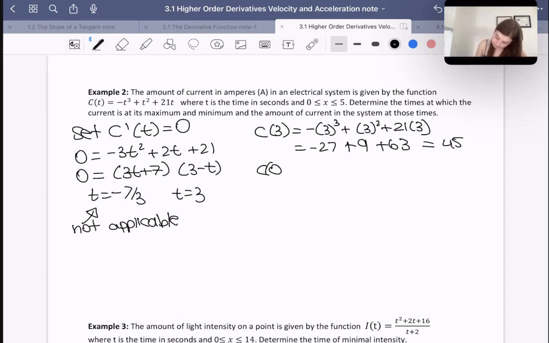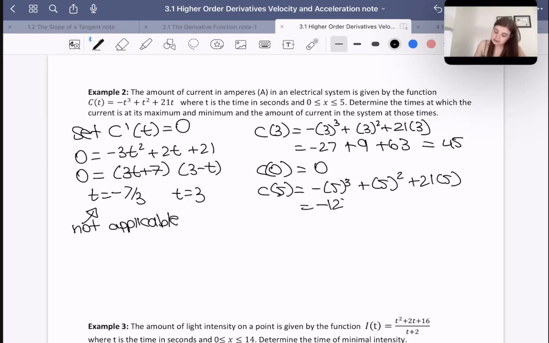Now what about C of 0? Well, that's easy. That's just going to be 0. And then C of 5 is equal to negative 5 cubed plus 5 squared plus 21 times 5, which is negative 125 plus 25 plus 105, which overall I believe is just 5. Yeah, it's just 5.